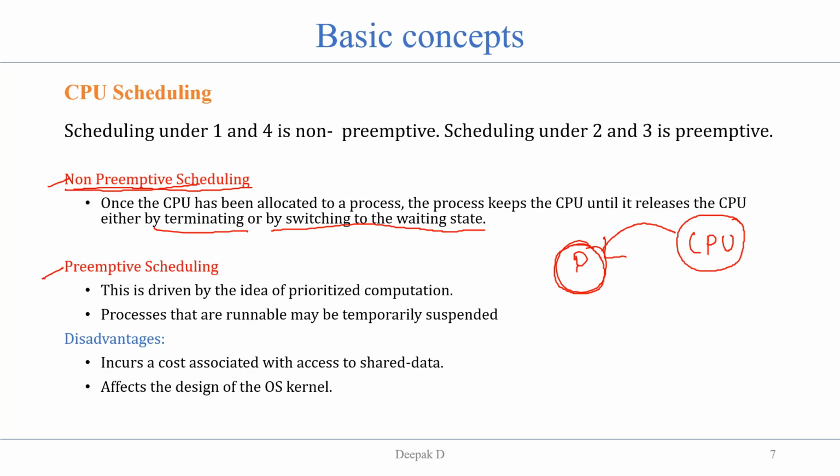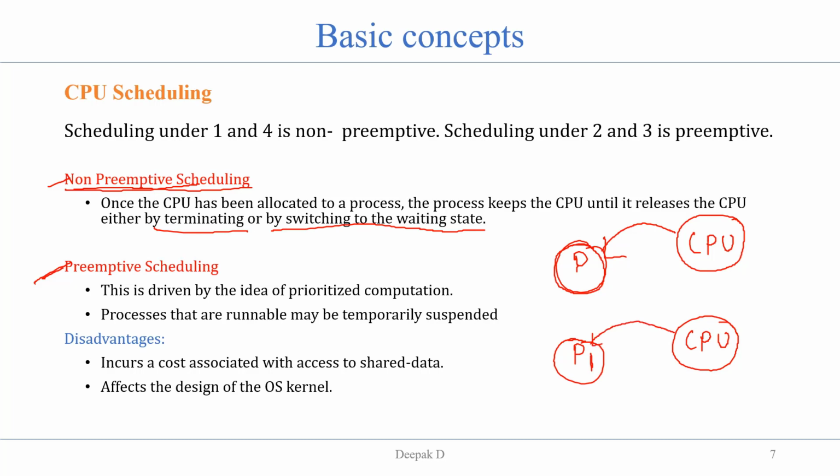So when it comes to preemptive scheduling, the same thing. Assume that you have a process P1 and a CPU. Right now P1 wants some task to be completed and the CPU has been allocated.